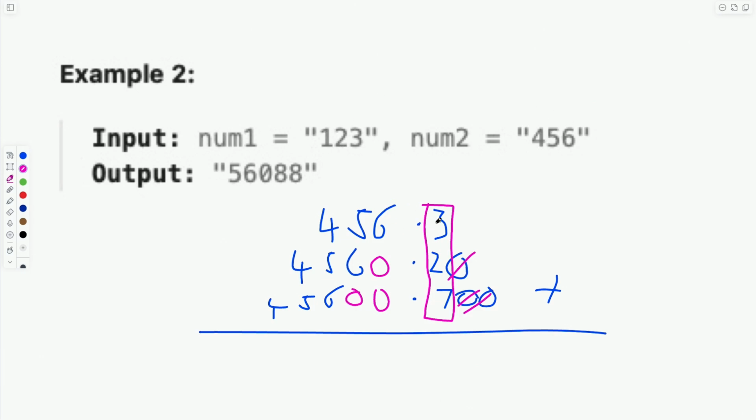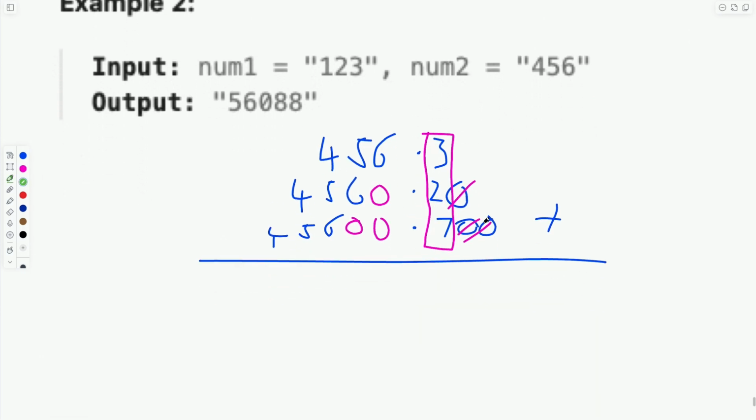Multiplying a number with a digit is relatively easy, more straightforward. Then we just need to iterate over all of the digits in the number 123 from the back. We compute the result of 2 times 456, and then we multiply it by 10. And here we multiply it by 20.